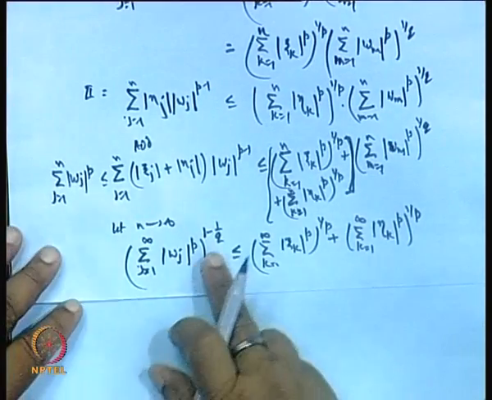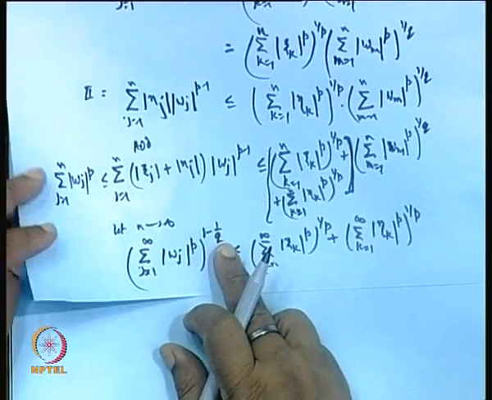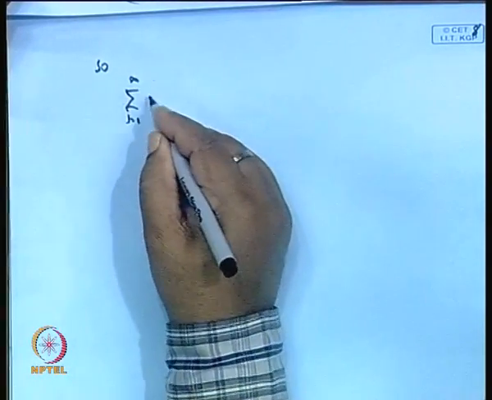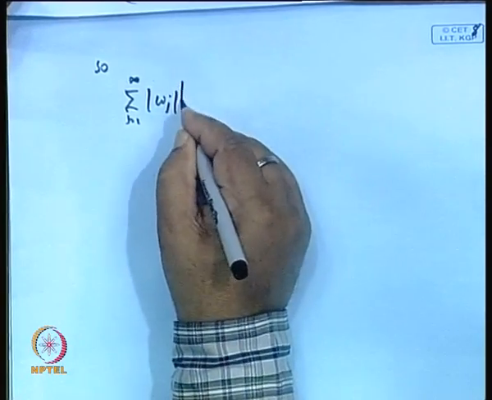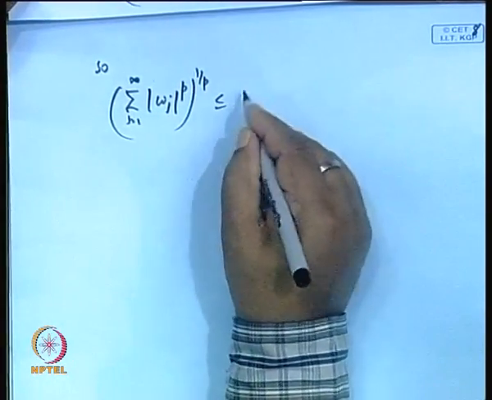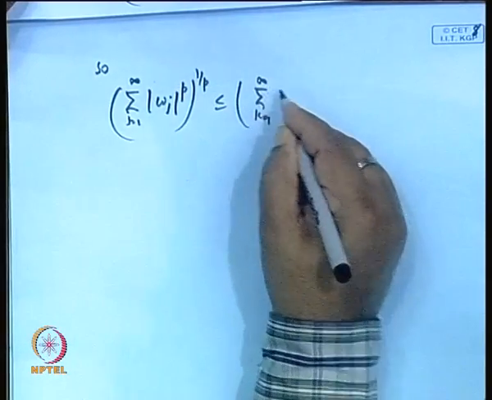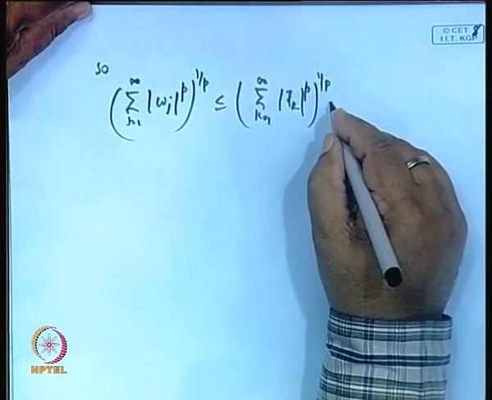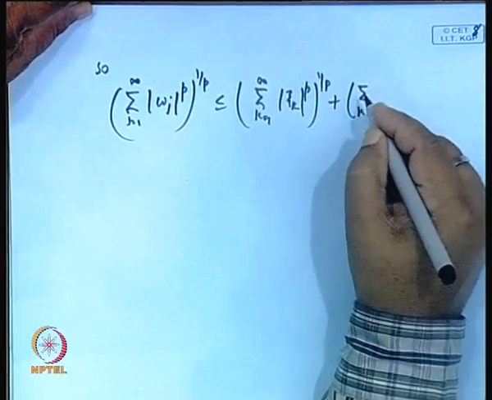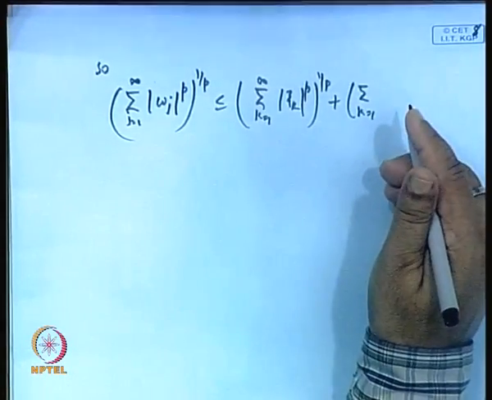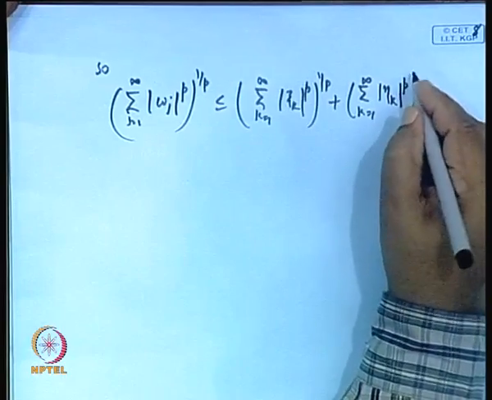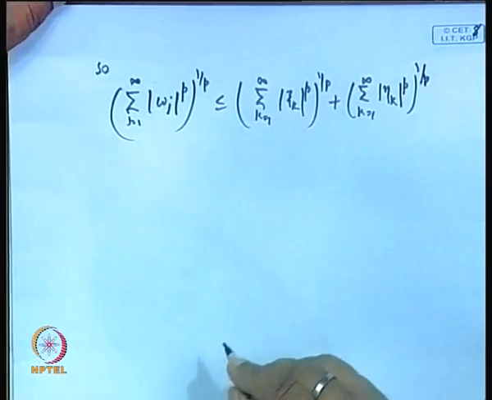But 1 minus 1 by q is 1 by p. So, we get sigma j is 1 to infinity mod of w j power p, power 1 by p, is less than or equal to sigma k is 1 to infinity mod xi k power p power 1 by p, plus sigma k is 1 to infinity mod of eta k power p power 1 by p.